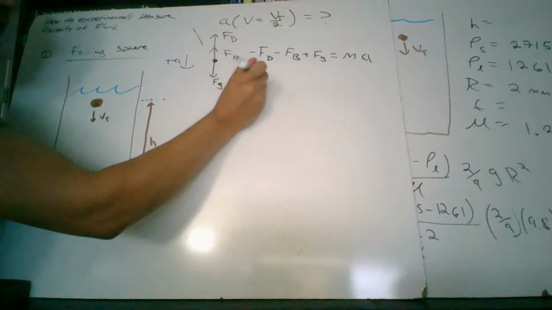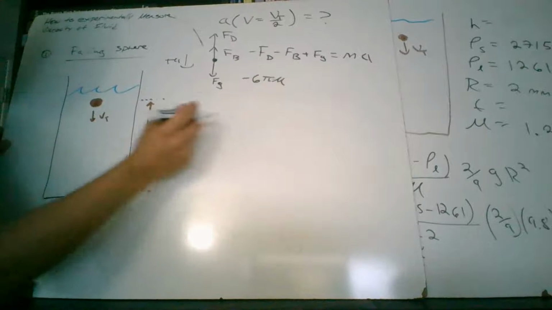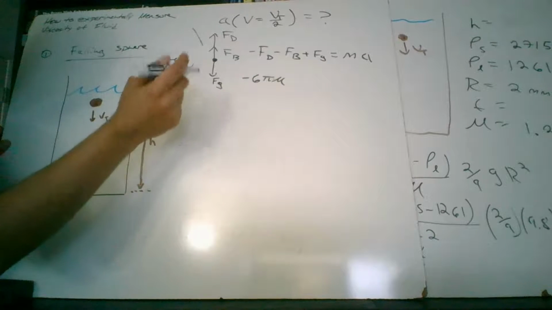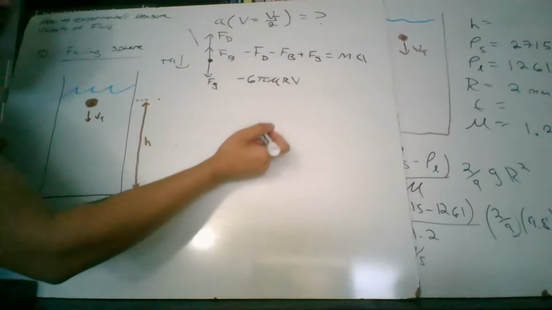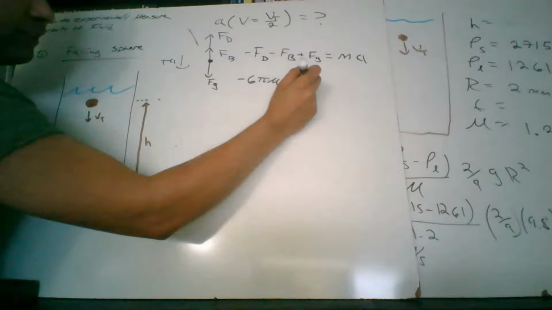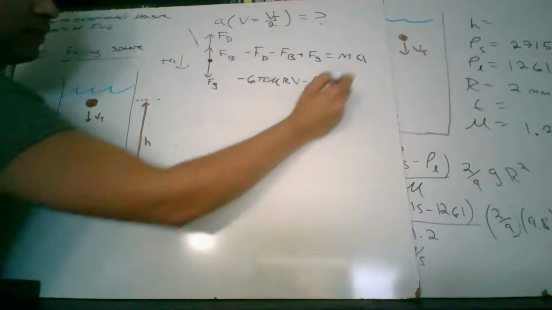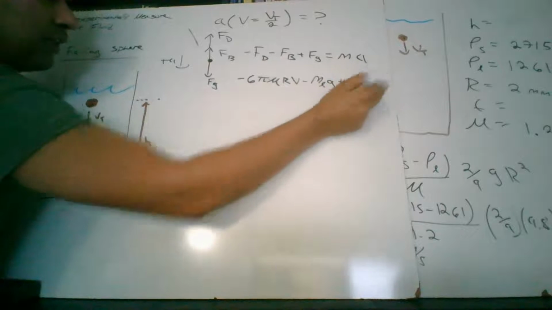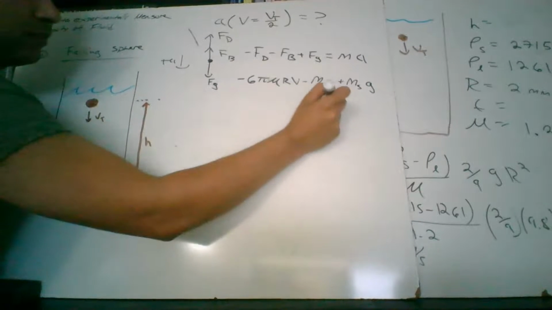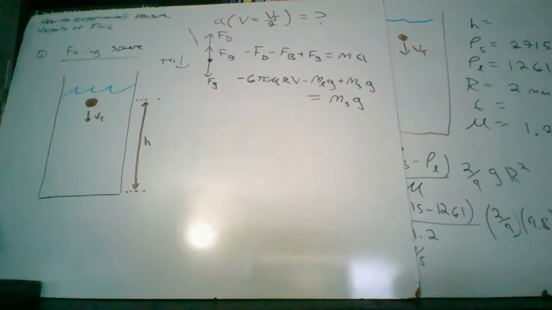So this will be negative 6 times pi times mu, which we know, times R times V, the velocity of your object, minus the buoyant force, which is going to be the mass of the liquid displaced times gravity, plus the mass of the solid times gravity. And all of that is going to equal the mass of the solid times acceleration, because it's the solid that's falling down there. So that's what we have there.